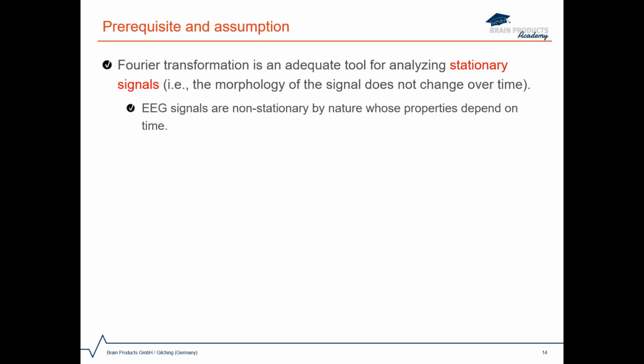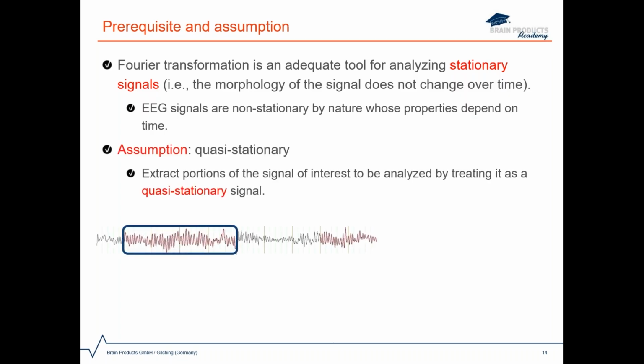However, EEG signals are non-stationary by nature. That means the morphology of the signal varies over time. Therefore, it is important to apply Fourier transform to those signals that can be assumed as stationary or quasi-stationary.